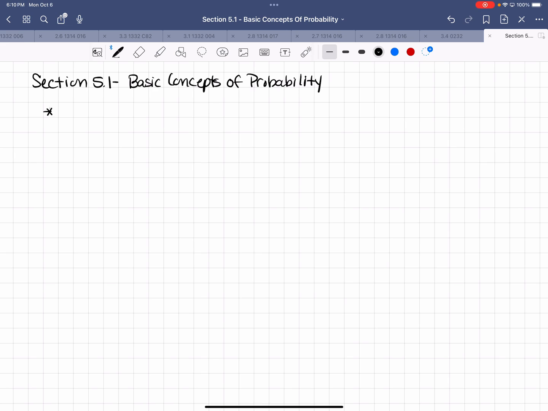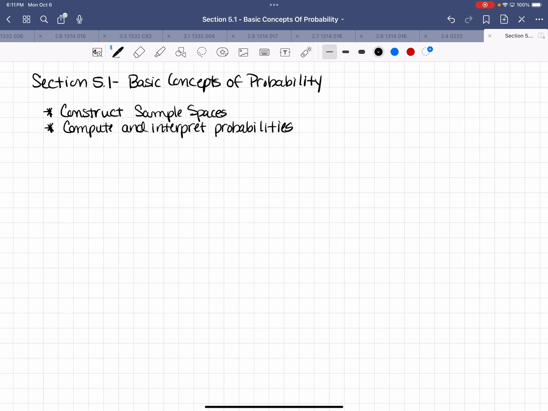The things I started off with on this: we are going to construct sample spaces, we are going to compute and interpret probabilities, and then we are going to approximate probabilities by using the empirical method.